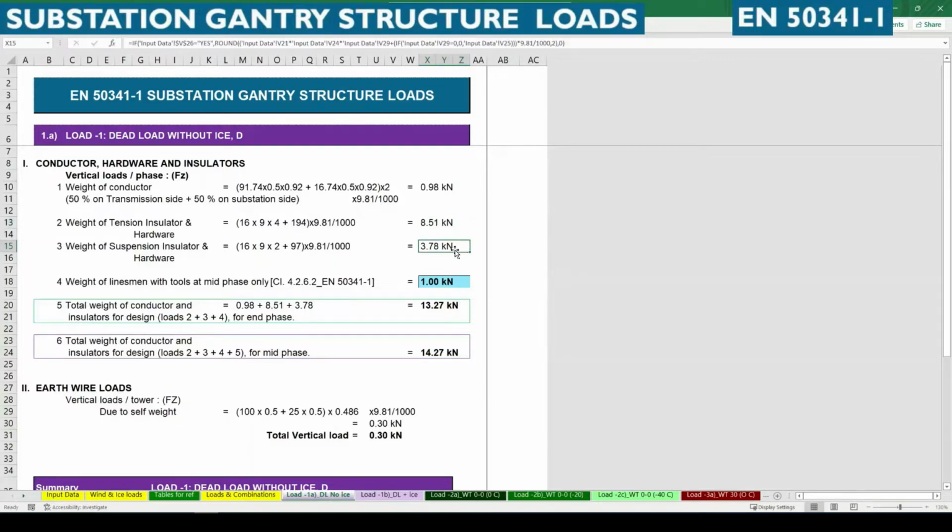We are considering the same tension insulator size for the suspension insulator also. Tension insulators generally have two numbers, and the suspension insulator has one number per side. So totally it is 2, and the tension insulator is 2 per side, so it should be 4.